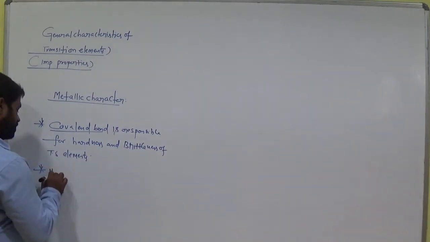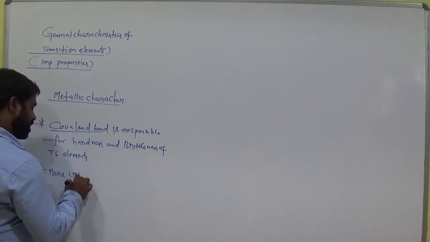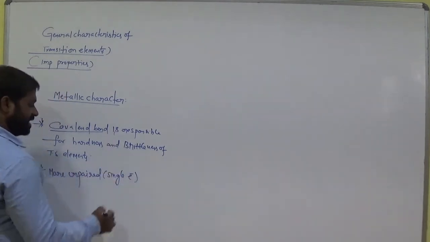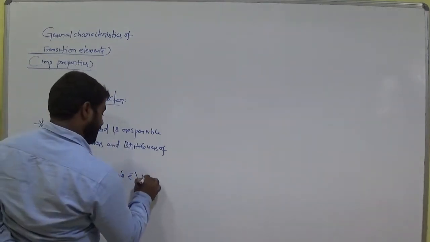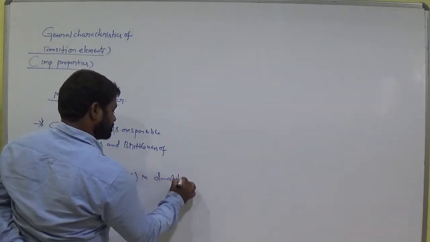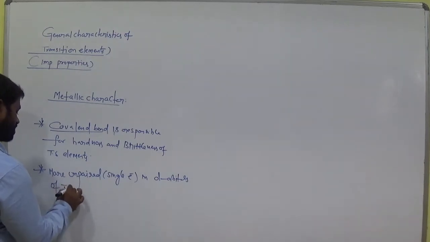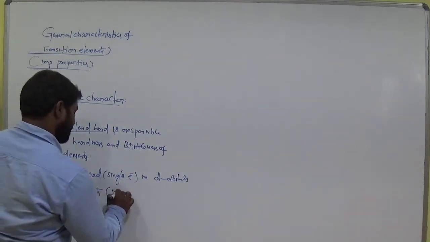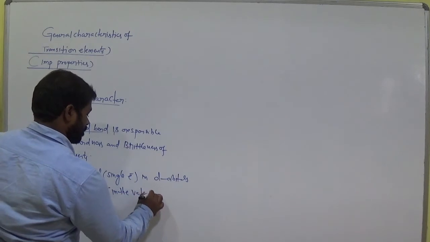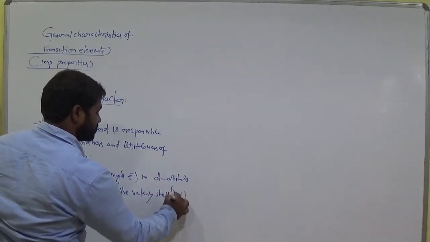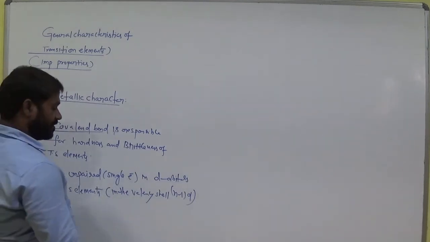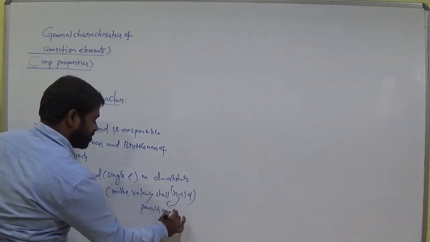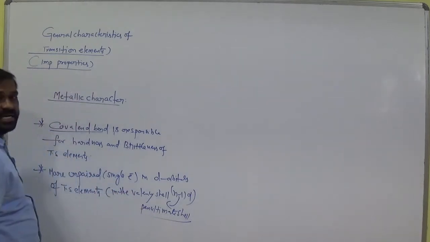More unpaired, that is single, electrons in the d orbitals of transition elements in the valency cell, that is the n-1 d cell. This n-1 d cell is also called the penultimate cell. Remember this, we already discussed this penultimate cell.